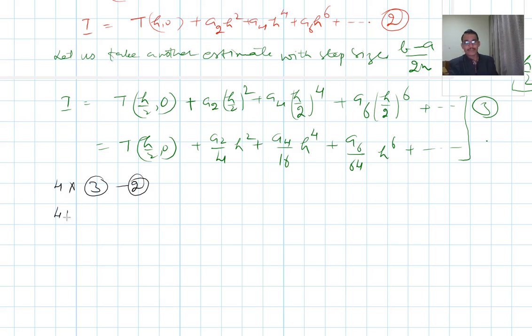So that means it is 4I is equal to 4 T_{h/2,0} plus a2 h square plus a4 h4 by 4 plus a6 h raised to power 6 by 16 and so on.